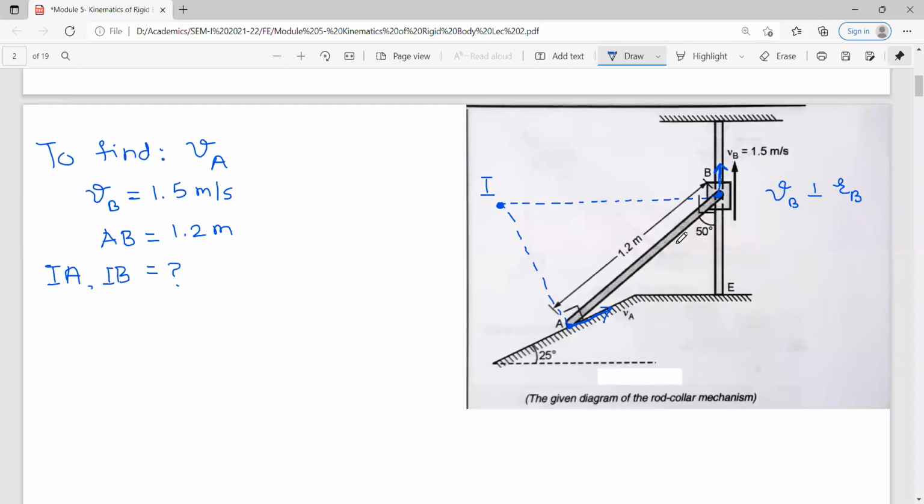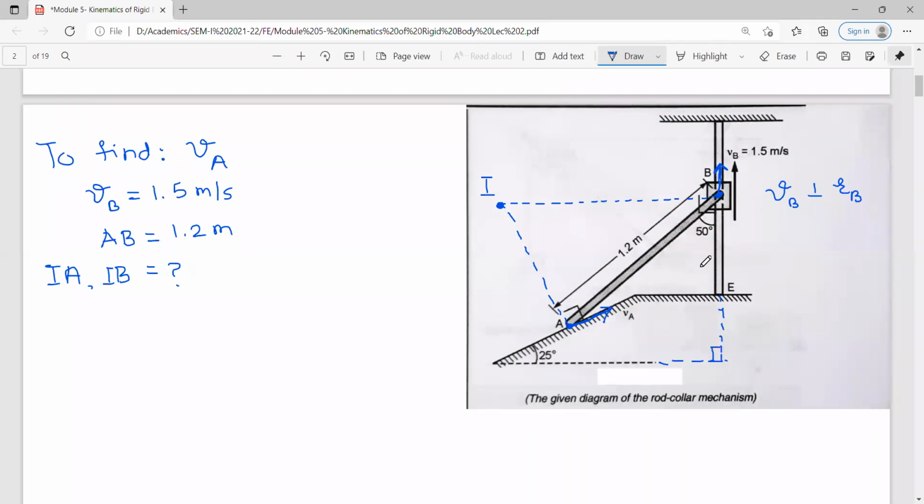Let us consider the different angles made by the inclined plane, rod, and vertical. I am making a little construction here. I am extending the horizontal line here and this vertical line also. As this angle is 50 degrees, obviously as this is the vertical line and this is the horizontal line, this angle will be 90.